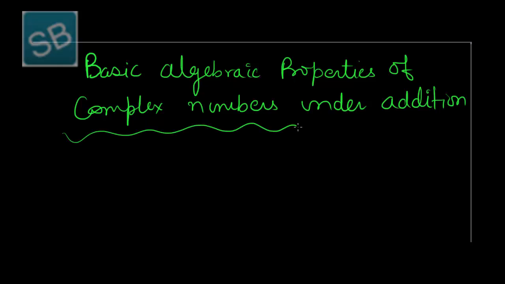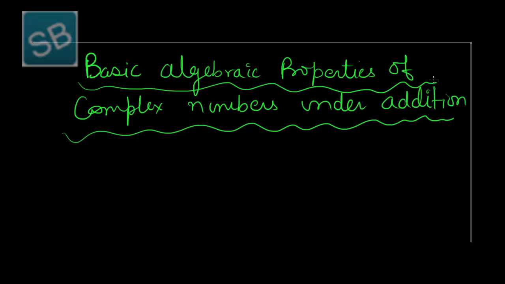First we will discuss properties of complex numbers under addition, then under multiplication. Here we will see how addition affects the commutative property, the associative property, how the existence of an additive element is possible, and how the inverse exists.